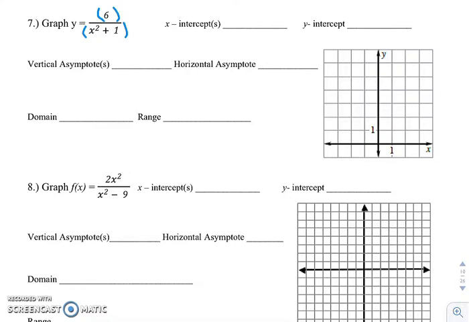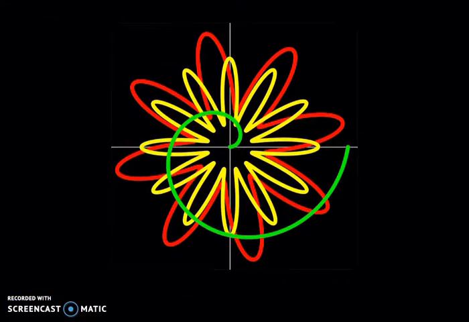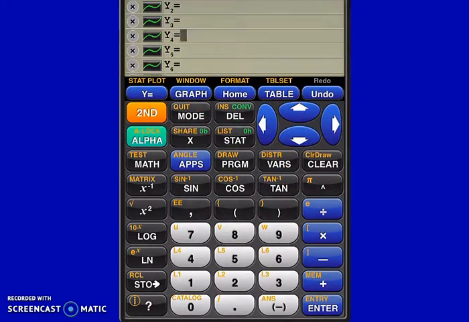That way it doesn't just take 6 and divide it by only the x squared. We want to divide by the entire denominator. So let's go to our calculator, go to y equals, clear out anything that's there. So 6 divided by x squared plus 1.